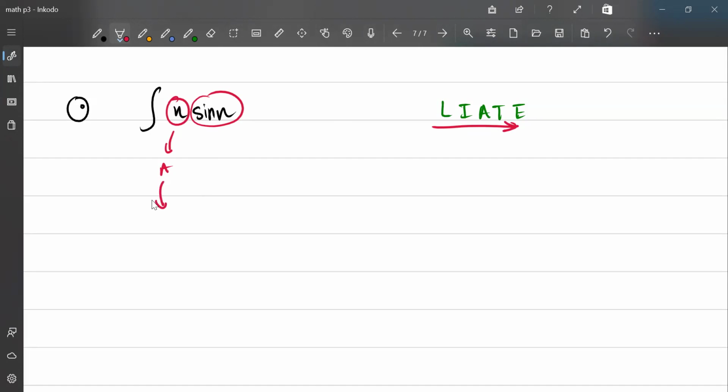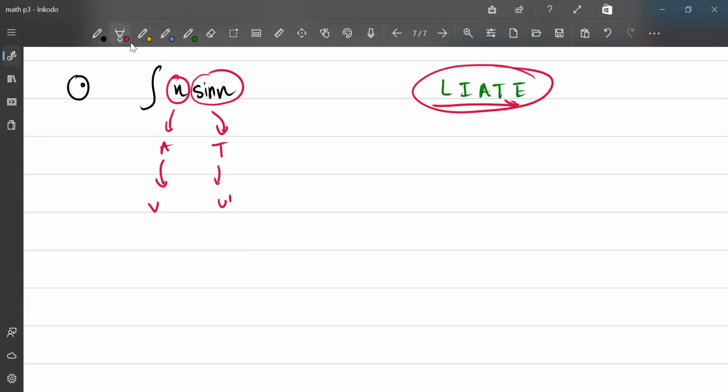So what we learned is that the term appearing first would be V. And sine x is a trigonometric function, which comes after algebraic function in this LIATE order, so it would be U dash. So let's write it over here. V is x and U dash is sine x. Now we need to find V dash. It would be 1, and the integral of sine x is negative cos x.